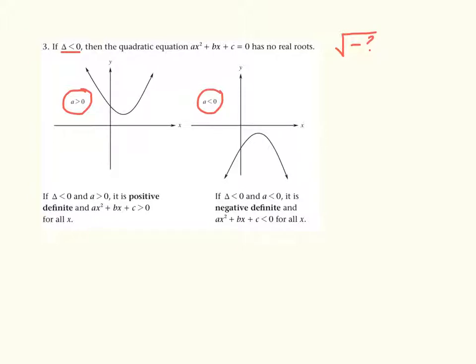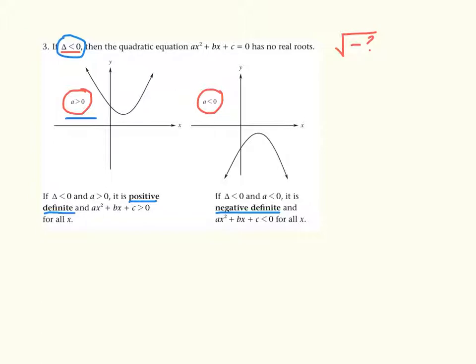Now there's one more set of terminology that we need to go over, and it's this one here: positive definite and negative definite. What that means is that for a situation where a is greater than 0 and the discriminant is less than 0, so there are no intercepts, the whole function is definitely positive. All the y values will be positive.